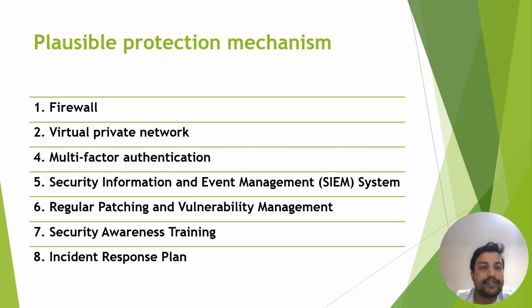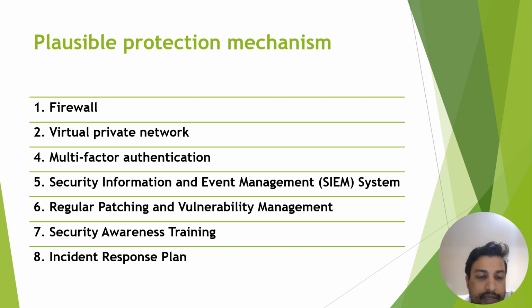Okay, so the next one is possible protection mechanisms. Some possible protection mechanisms for SportX can be a firewall, which is deployed at the perimeter of the network between the internet and the network to monitor and control the incoming and outgoing network traffic on the SportX server.